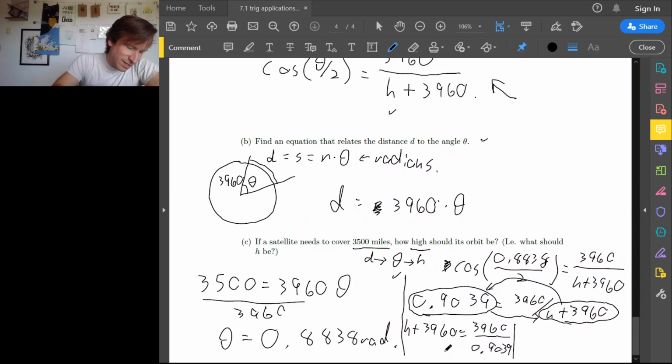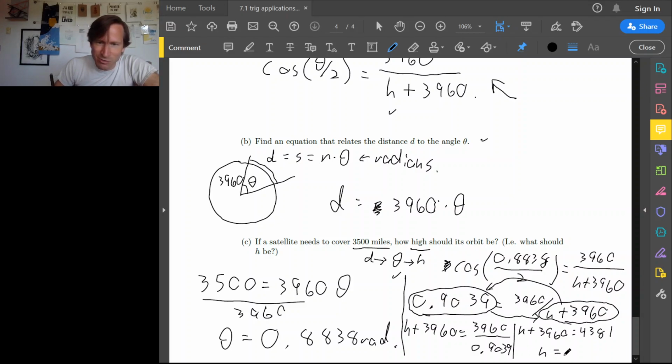So 3,960 divided by 0.9039, we get h plus 3,960 equals 4,381 and change.